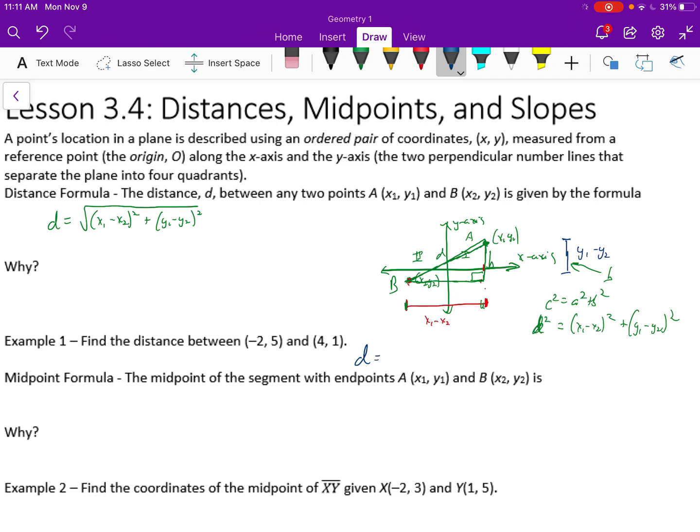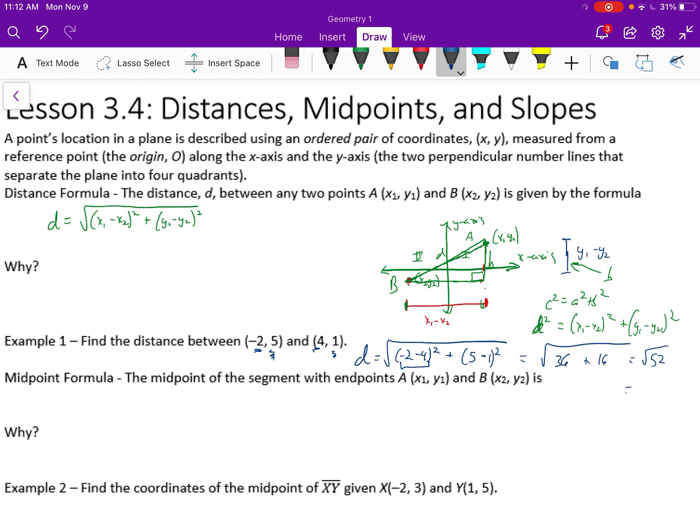So distance equals the square root of (x sub 1 minus x sub 2) squared plus (y sub 1 minus y sub 2) squared. That's negative 6 squared, negative 6 times negative 6 is 36, plus 5 minus 1 is 4 squared, which is the square root of 52.